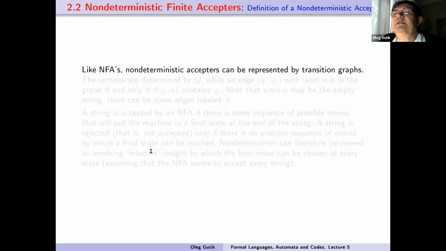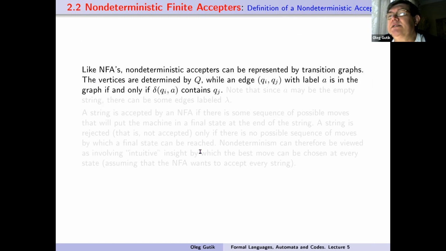Like deterministic finite automata, non-deterministic acceptors can be represented by transition graphs. The vertices are labeled by Q, while the edge Qi, Qj with label a is in the graph if and only if delta of Qi, a contains Qj.